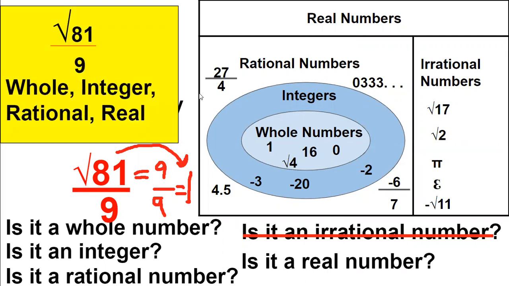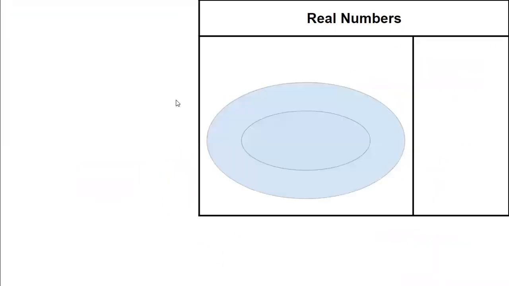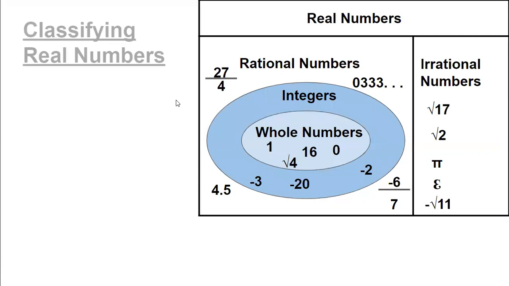Square root of 81 over 9 is a whole number, an integer, a rational number, and a real number. So remember, you may have to manipulate the numbers. Okay, now try one more example here before you get to try.